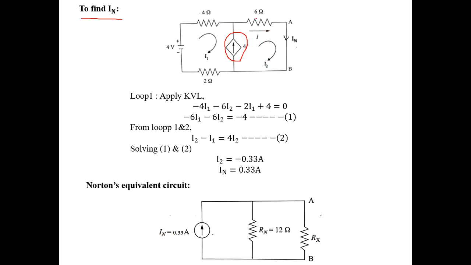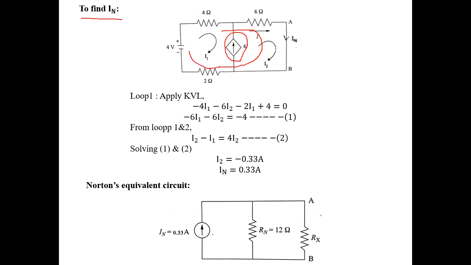We can write I equal to I2. Voltage drop across this resistor, we can write -6 into I2. Again the loop current is coming in this 2 ohm resistor. We can write -2 into the current I1.